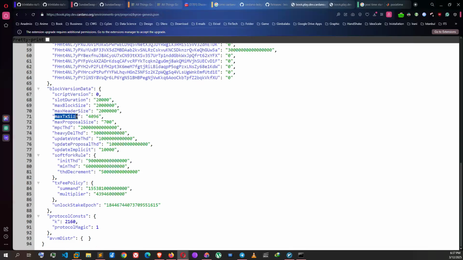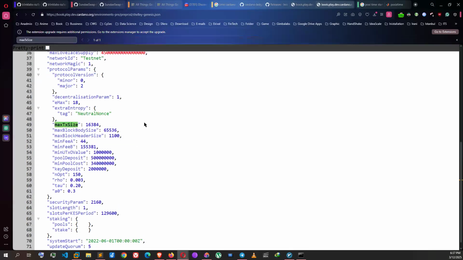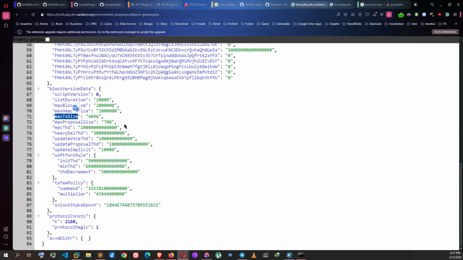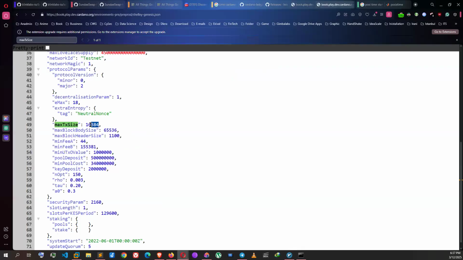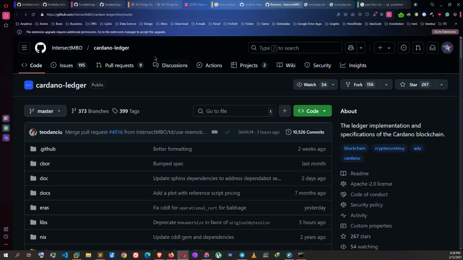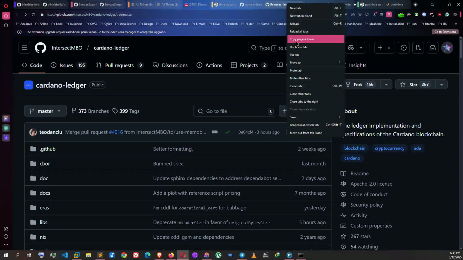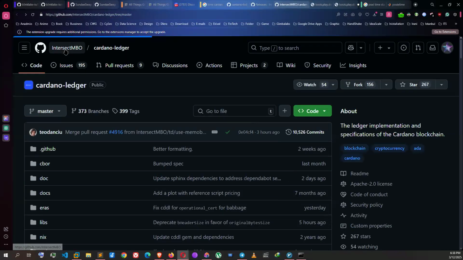Maybe max TX size would be here as well. Yes, we have. So in that era, which was the beginning, we only wanted to have 4 kilobytes per transaction, like how much information or data each transaction could have. And then we later added more, and because of all this adding, now in the Cardano node we need to have better hardware.